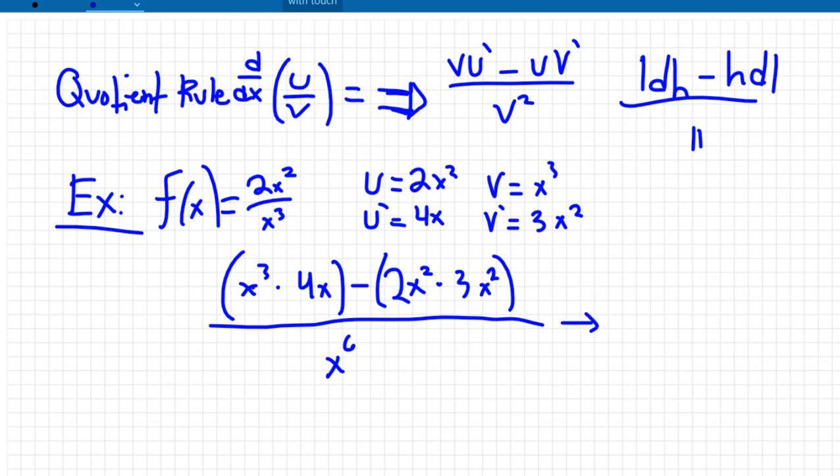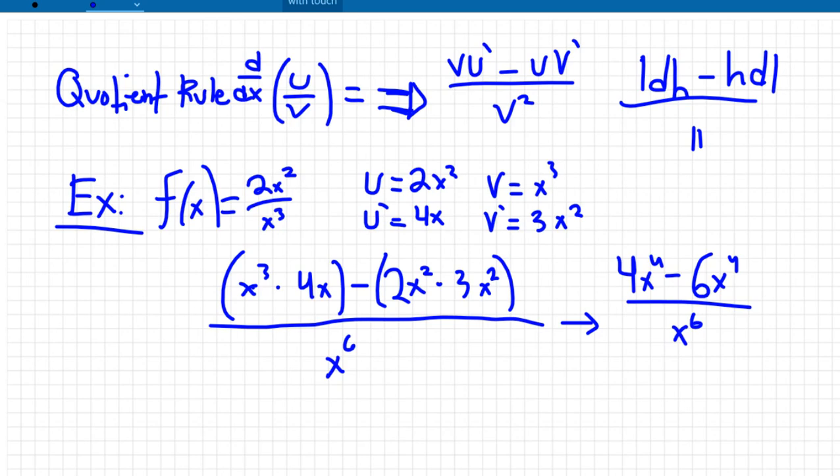So we'll do some arithmetic and simplify everything out. We get 4x to the 4th minus 6x to the 4th over x to the 6th.